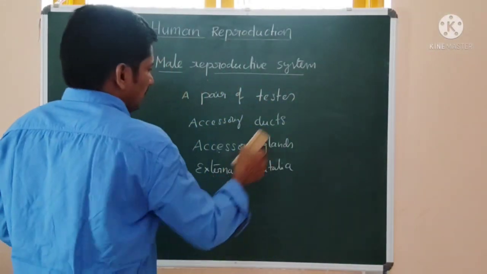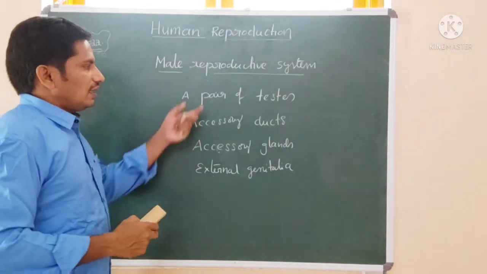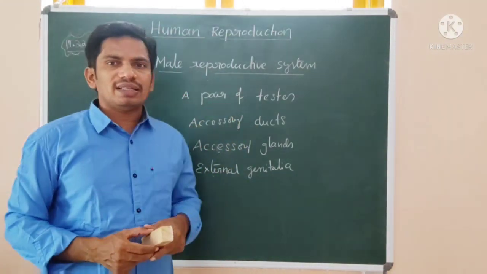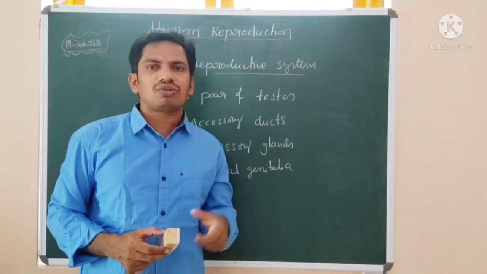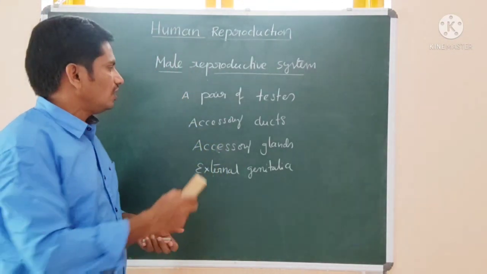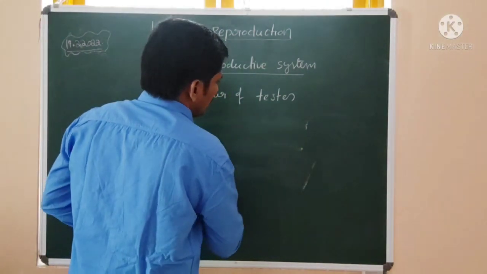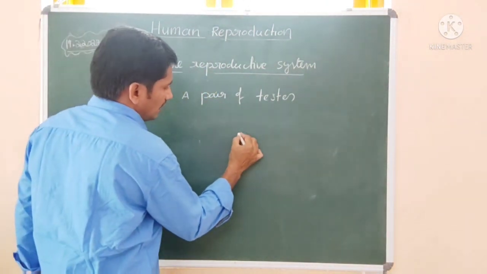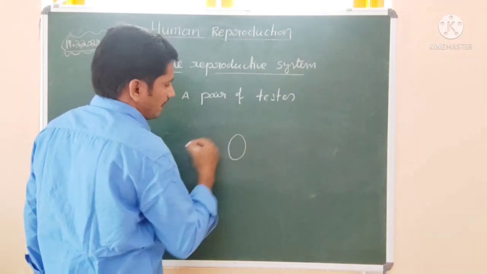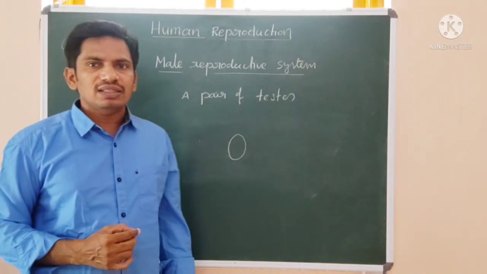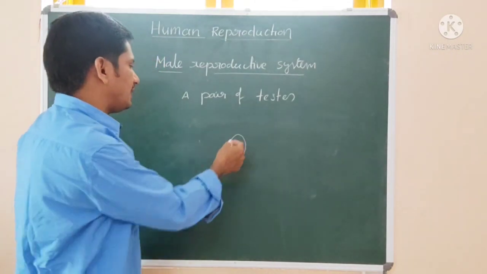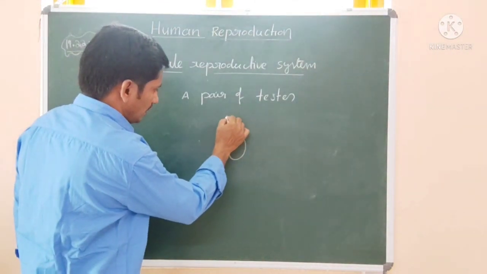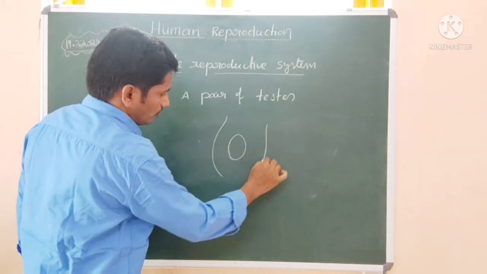Now here see the pair of testes. The pair of testes are located below the abdomen. They are suspended in the scrotal sac or the scrotal pouch. The testes are oval in shape and pinkish in color, suspended below the abdominal cavity in the scrotal pouch.